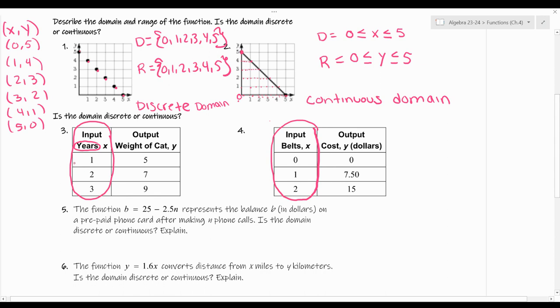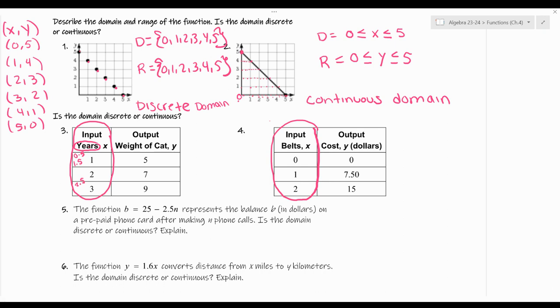So if I off to the side and just say maybe 1.5, 2.5, does that make sense? So in real life, can we talk about 1.5 years of our lives? Can we talk about 2.5 years of our life? Could we talk about half a year, 0.5 years of our life?